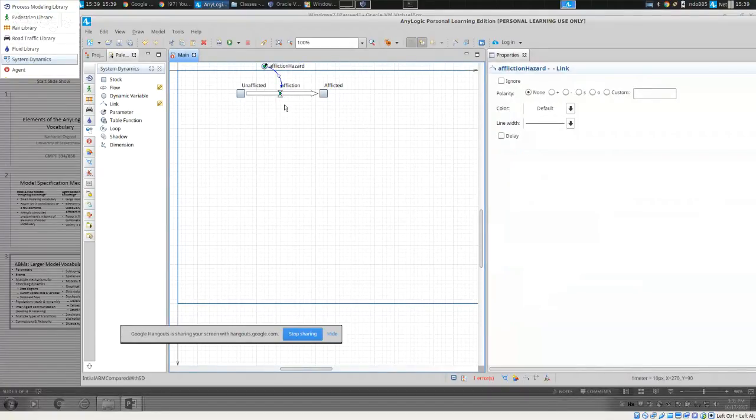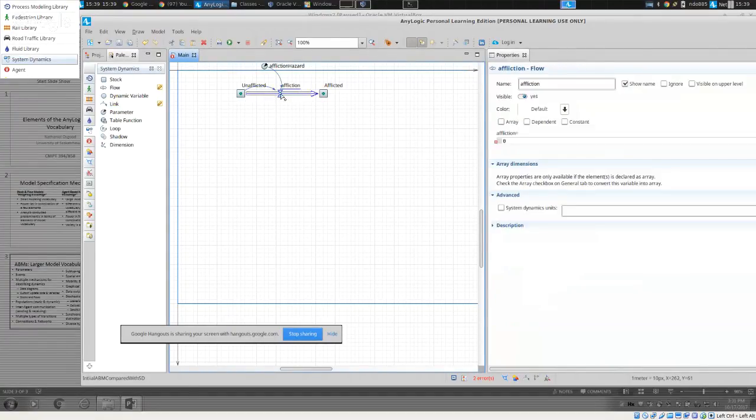And if this is a first order delay, on what else does affliction need to depend? Yeah, on unafflicted. There ain't nobody going to get afflicted if there's nobody unafflicted. So affliction here is going to be, what's the formula going to be? If this affliction hazard is a chance per unit time of becoming afflicted, what's the formula here going to be?